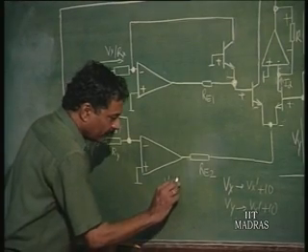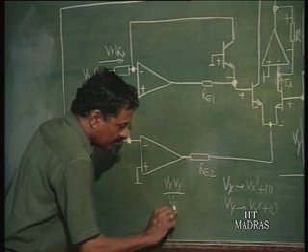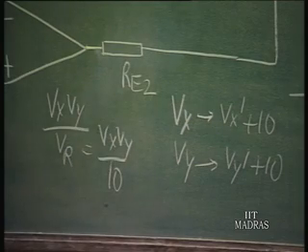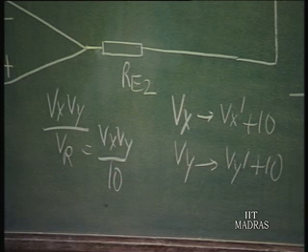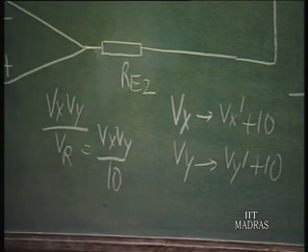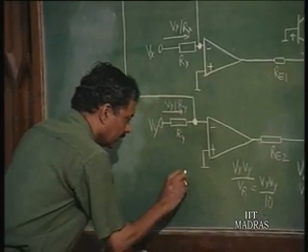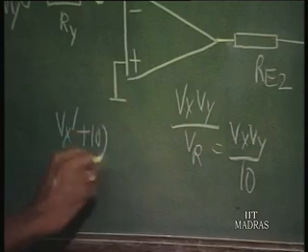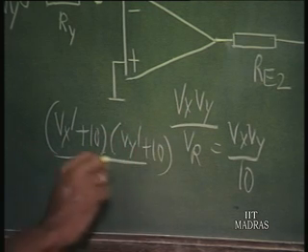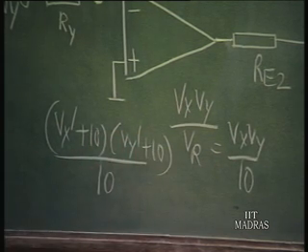Then we will do the multiplication using this. This will be Vx Vy by Vr, which is Vx Vy by 10 volts. Vr can be made equal to this 10 volts. So, Vx Vy by Vr. So, what it will become is Vx dash plus 10, Vy dash plus 10 divided by 10.